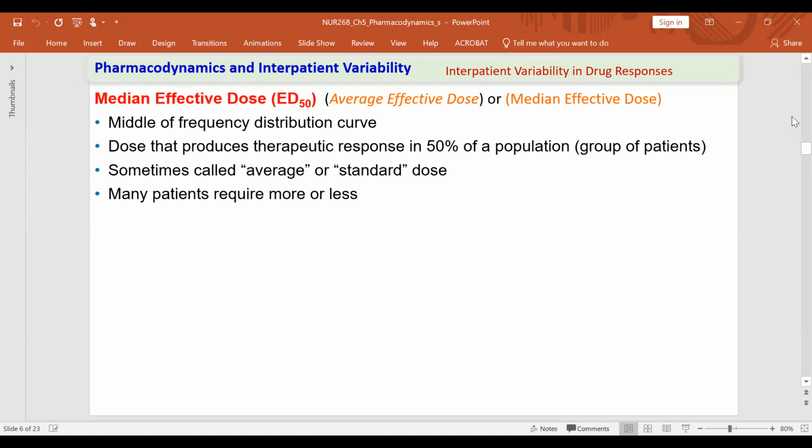Another example would be an antihypertensive, a high blood pressure medication. An antihypertensive medication would cause a greater reduction in blood pressure if the dose was increased from 50 to 100 milligrams.